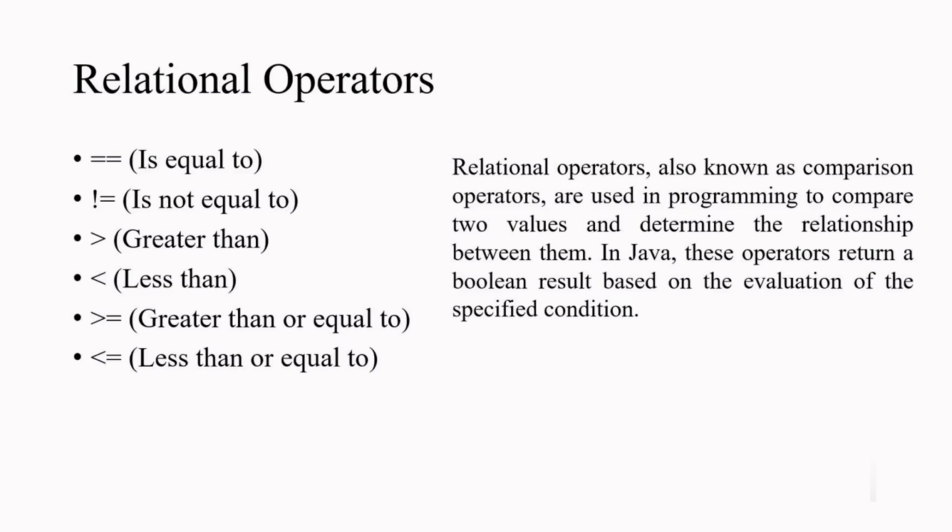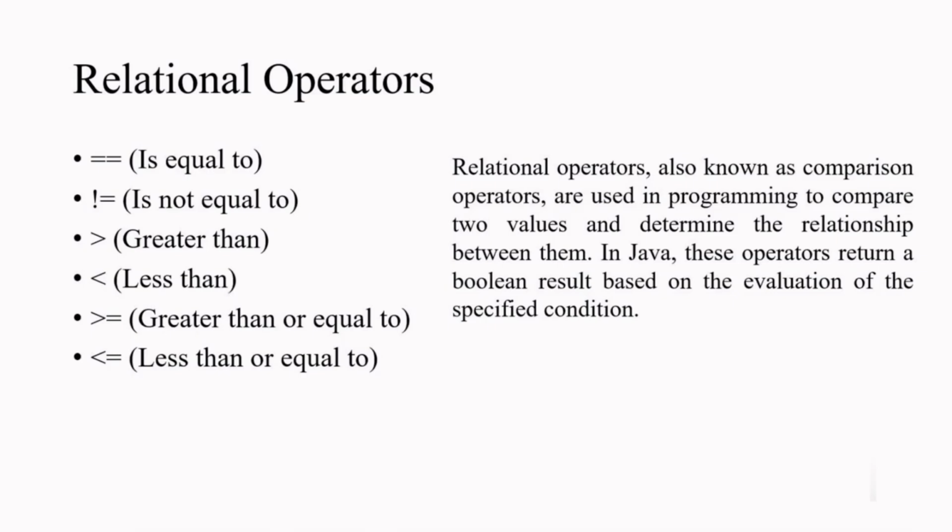For example, if I take A is equals to 10 and B is equals to 20. Here 10 is less than 20, right? If I perform the operation A is less than B, then it will return the output as true. If I give A is greater than B, means 10 is not greater than 20, it returns the output false.